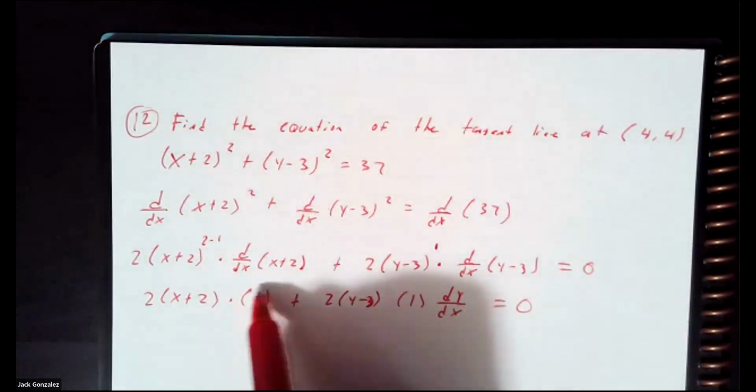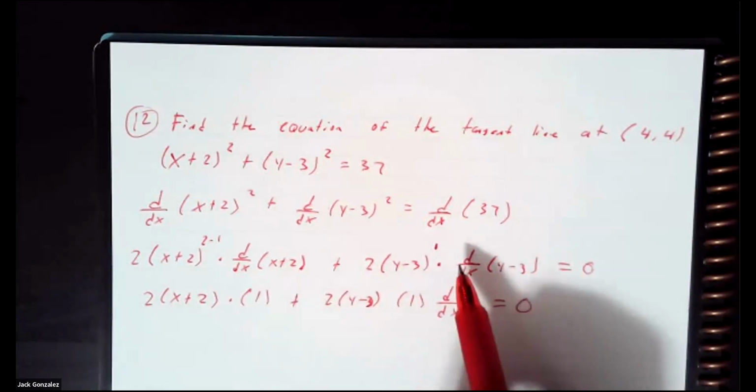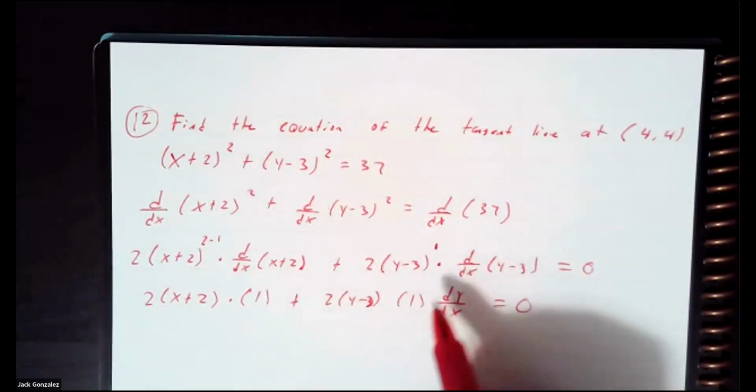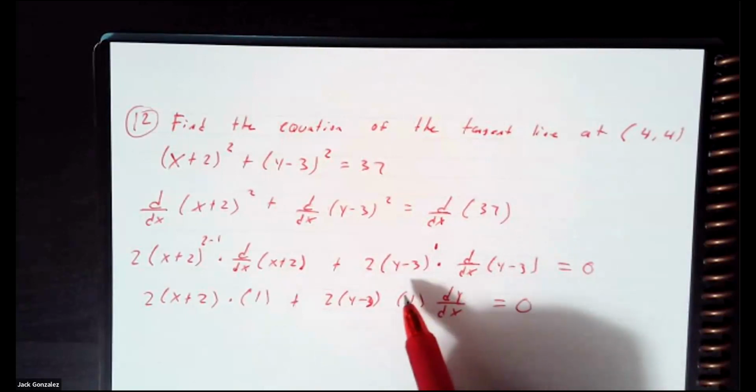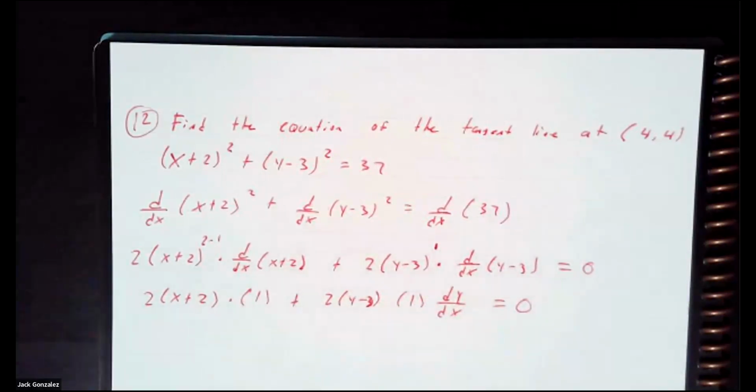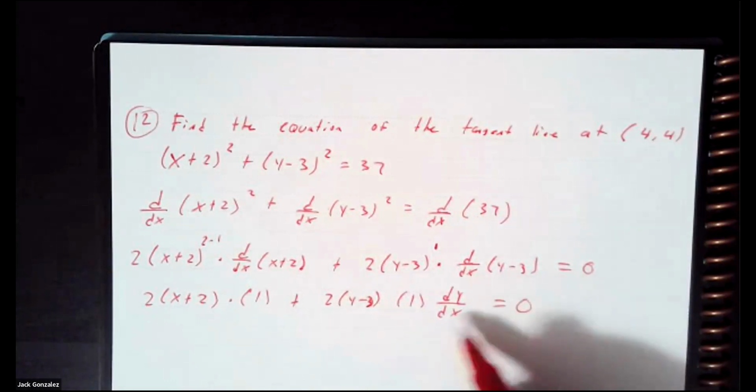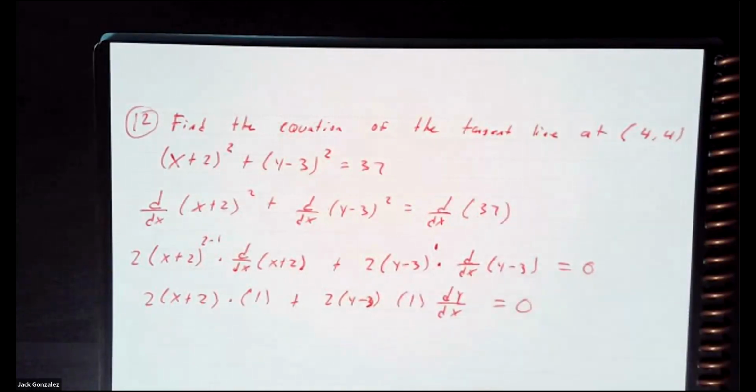You do it just like you always have. But if you have a y, you have to do it like this. You still do it the same way, but you add that extra piece, because it's a different variable. Whenever the variables don't match, you have to do it. Okay.